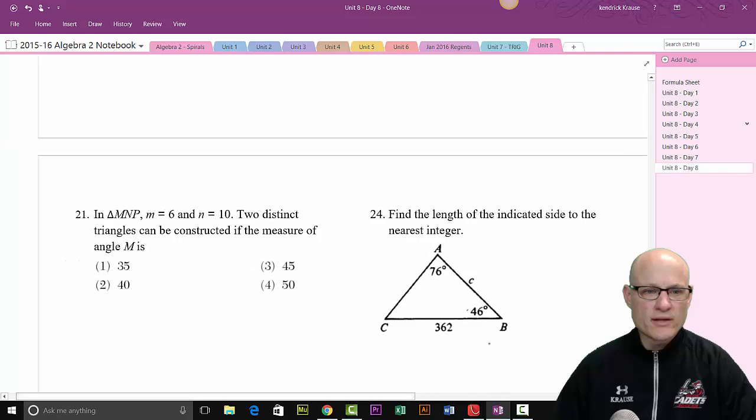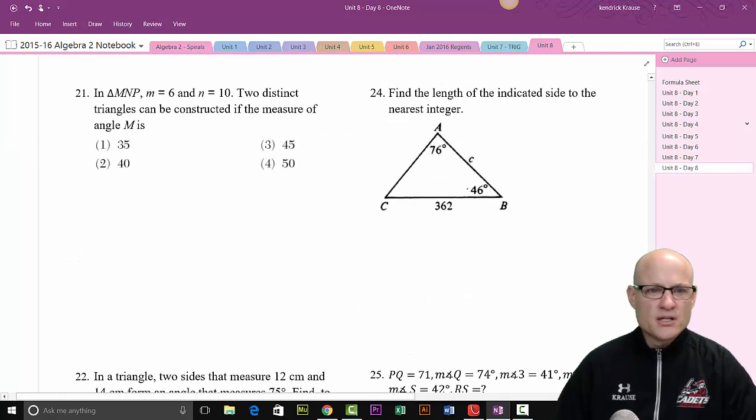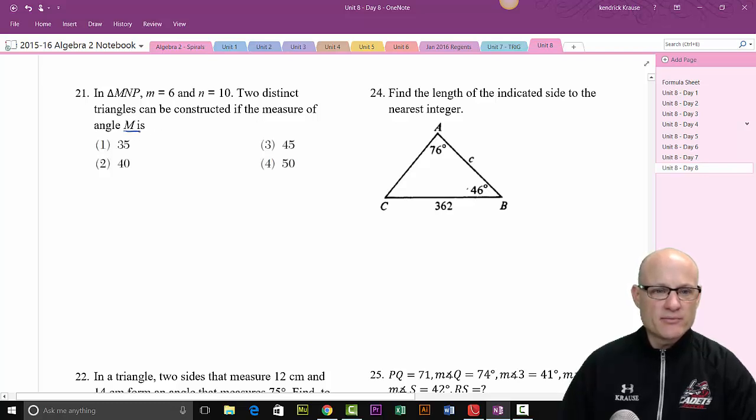Question says, 2 distinct triangles can be constructed if the measure of angle M is... So we got this triangle M, N, P, and all we know is M is 6, N is 10. And we're looking for angle M so that we can get 2 triangles. Well, the trick is you probably have to pick the 35 or the 50.